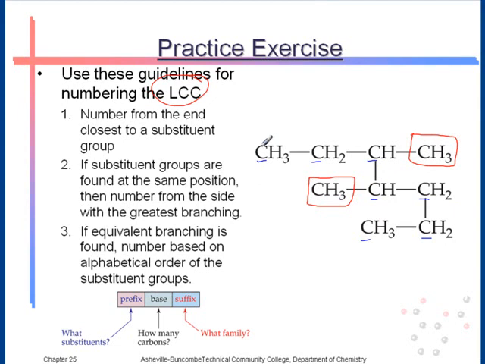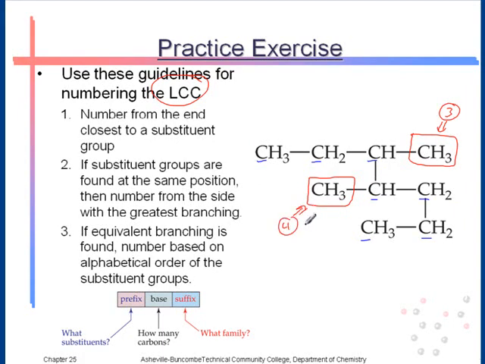For example, if I started from this end, 1, 2, 3, at the third position on the longest carbon chain, I come to this methyl group. If instead I started numbering at this end, 1, 2, 3, 4, well, now at the fourth carbon, that's where I see this substituent group.